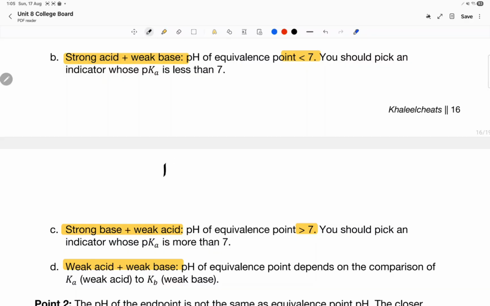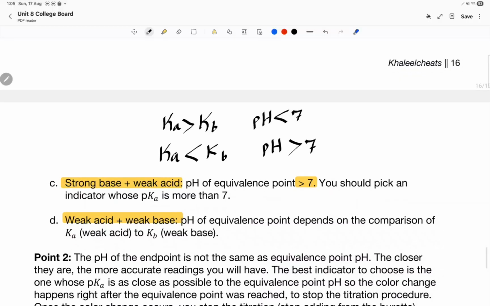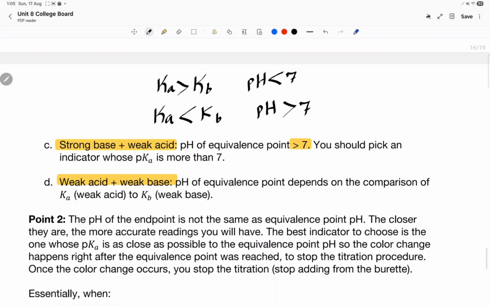Suppose the Ka was bigger than the Kb, then the pH will be less than 7 because the acid is going to win. And if the Ka is less than the Kb, the base will win, and the pH will be more than 7. So always make sure to choose the indicator whose pKa is very close to the pH of the equivalence point. Very close.